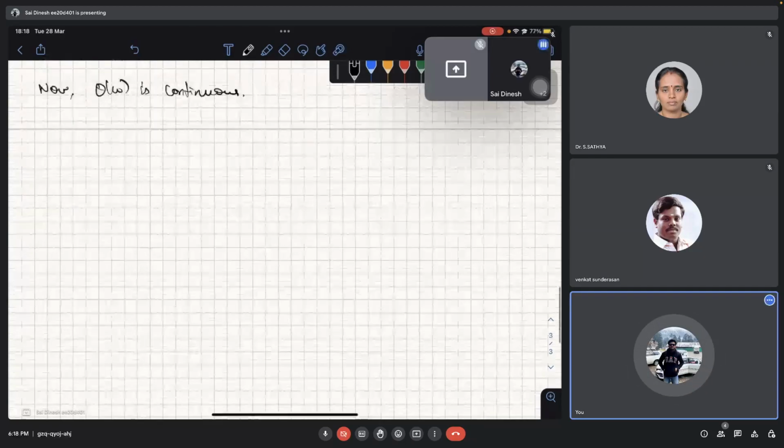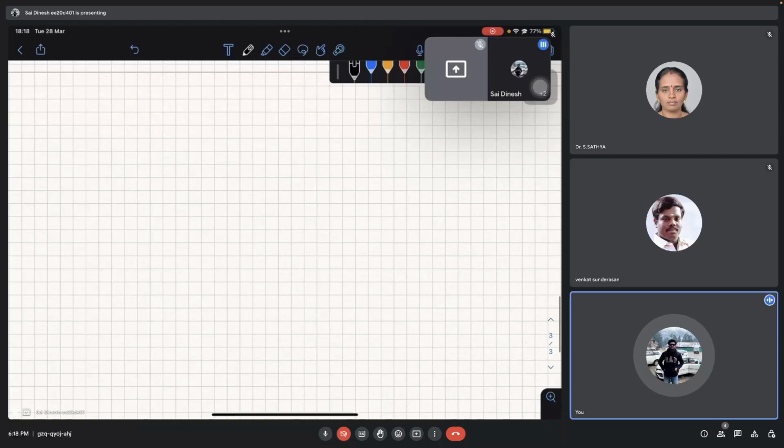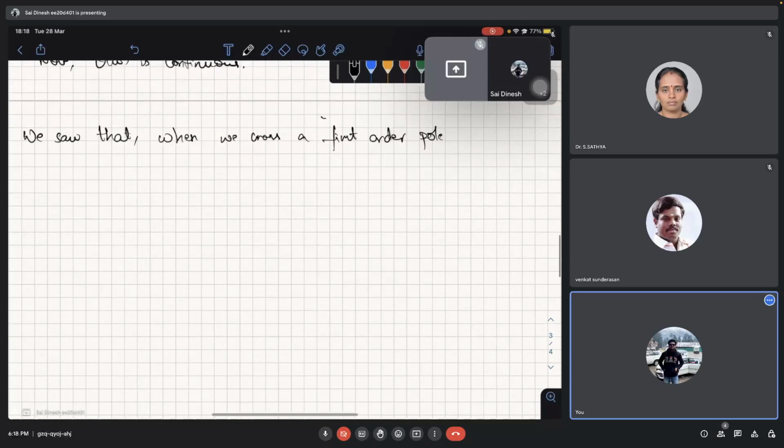Okay, so one more thing is that we have seen that when we cross a first order pole on the unit circle, the phase changes by pi.